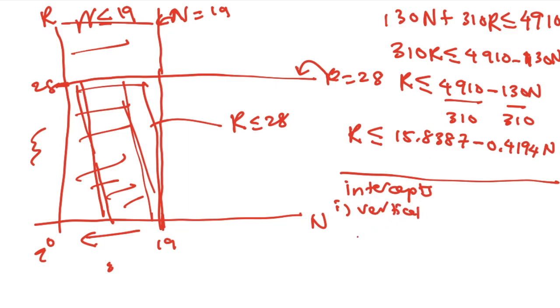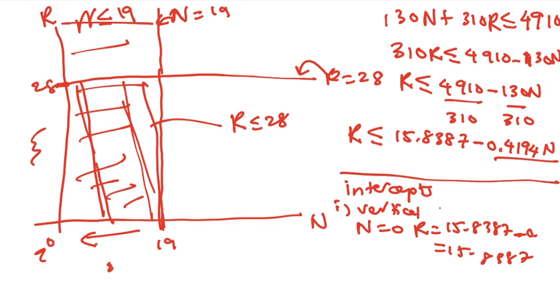When you set n equal to 0, then your r is 15.8387 minus 0, because 0 times 0.4194 is 0. So your coordinate for the vertical intercept is 0, 15.8387. Number 2, you need to find the horizontal intercept.